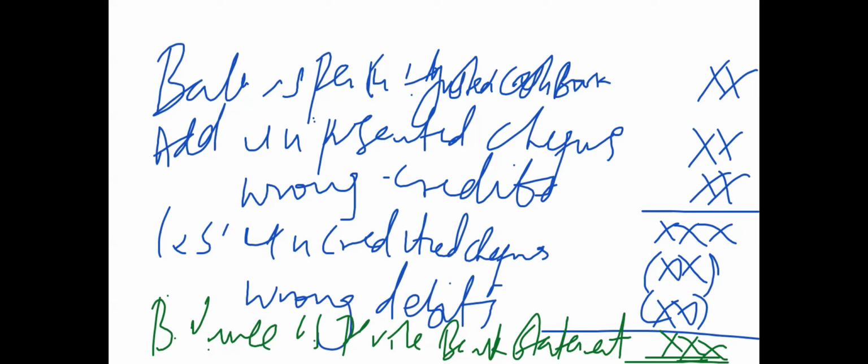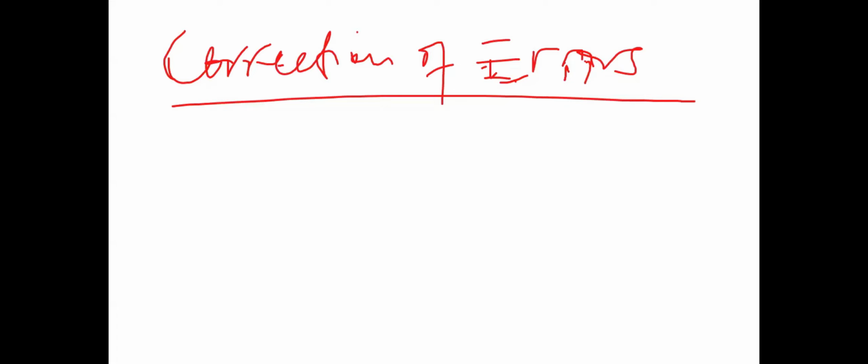However, I want to emphasize that here I did not say that we just add wrong credits and subtract wrong debits, but I said the wrong credits move with unpresented checks and the other one moves with uncredited checks. So you have to be very careful with that.